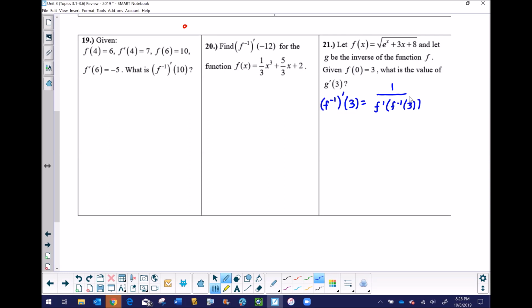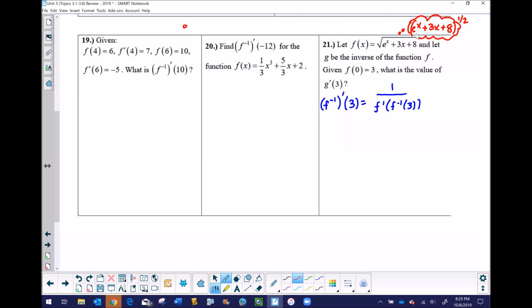Okay? So really you have two things to do here, and you can do them in either order you want. You need to find the derivative of f, and you need to find the value that goes with this f inverse. All right? So why don't we take the derivative first? If f was having a dream, the dream would be, I no longer have a radical surrounding me, and I'm instead raised to the 1/2 power.